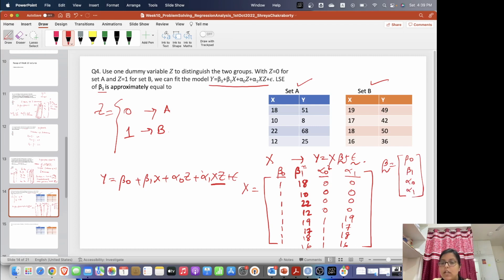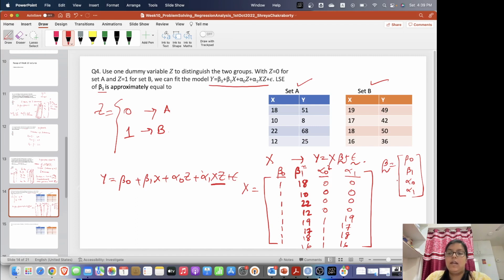Now be mindful, if you change the order here, then beta would also be written in that order. If you write alpha 1 before alpha naught, then beta would also change: alpha 1 here, alpha naught there. There has to be parity such that multiplying X into beta, we get back to the original equations. So you have to be very careful about these things.